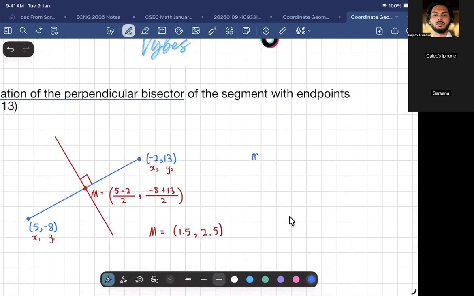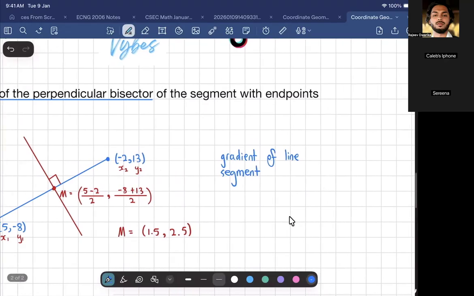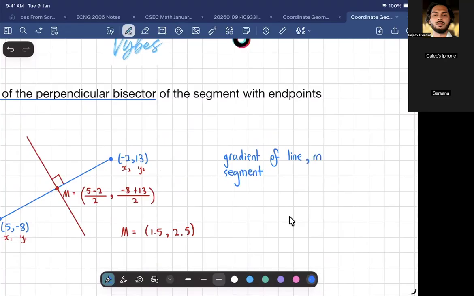Gradient of line segment, which is just m, is going to be equal to y2 minus y1 all over x2 minus x1.